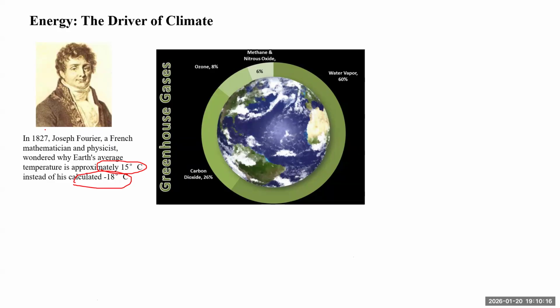Because the atmosphere you cannot see, we think it's just transparent. It's nothing. But the calculation of the Earth's temperature is different. The theoretical one is a negative value, and the actual one is around 15 degrees Celsius.